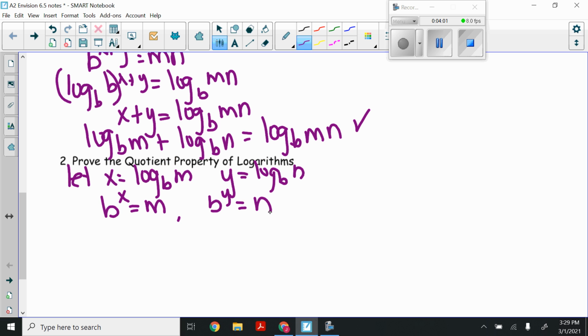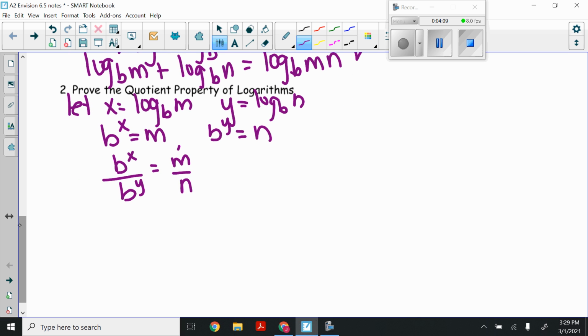Now I'm going to divide them. So b to the x divided by b to the y equals m divided by n. Again, using our properties of exponents, they have the same base, but I'm dividing them, so I subtract my exponents. So this would say b to the x minus y equals m over n.